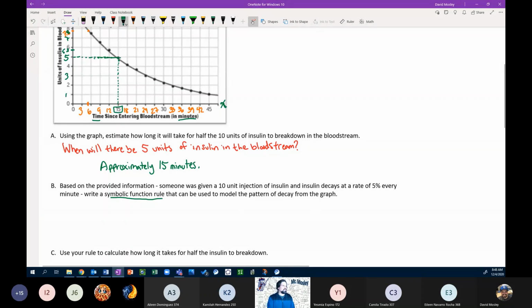Again, we want to find our rule that looks like this: y equals a times b to the x. A will be that start value. B is the rate of decay.